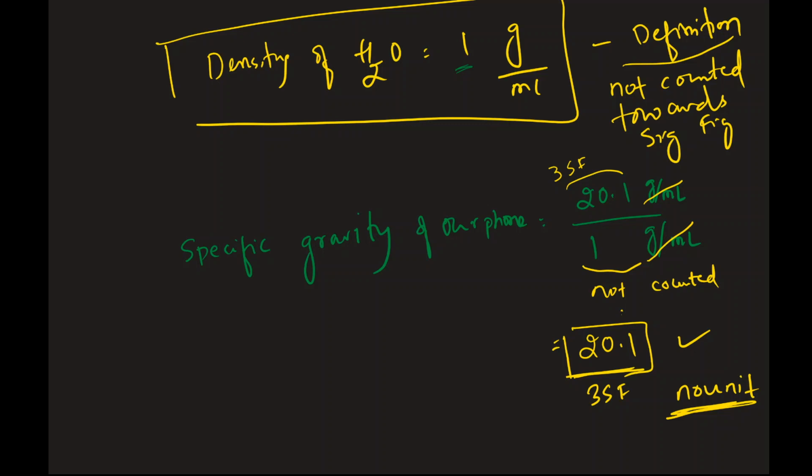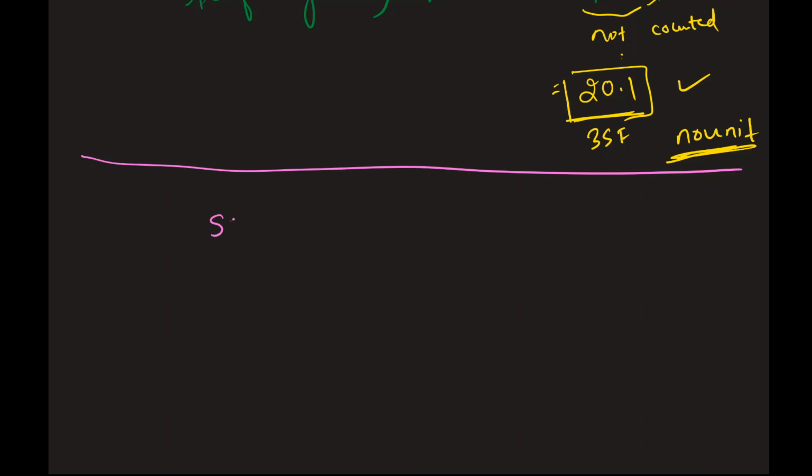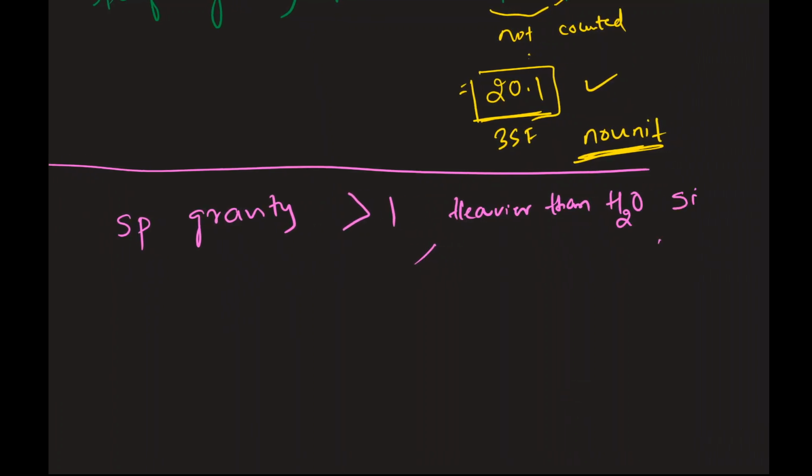If it is heavier than water, if it's more dense than water, it will sink in water. So we all know this. If the specific gravity is greater than 1, which means it's heavier than water, or you can call it denser than water, it will sink in water.